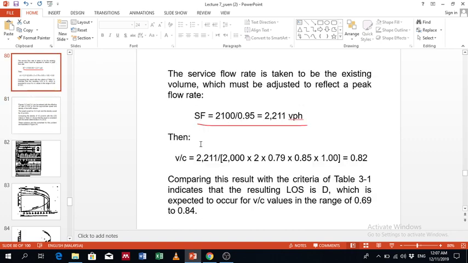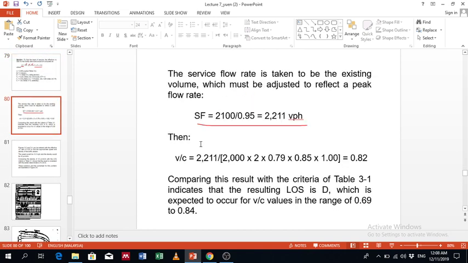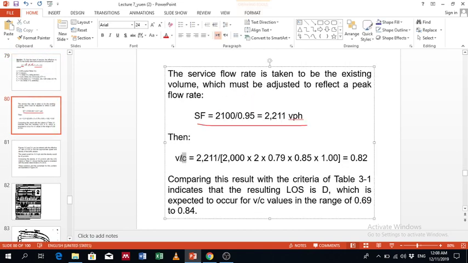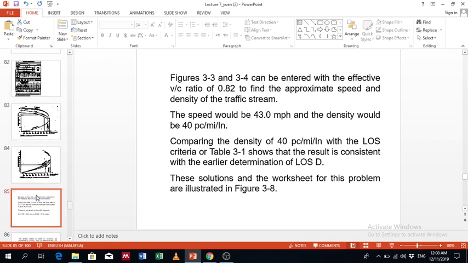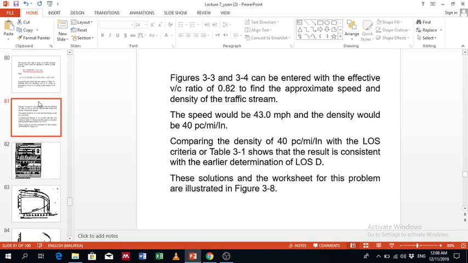So if we put here V over C equal to 1 and again calculate the SF, how much would be the SF?